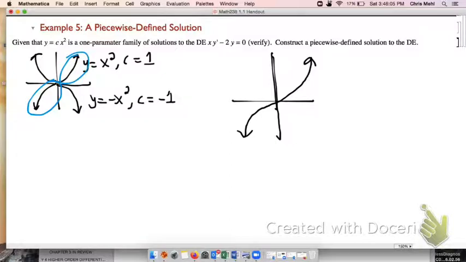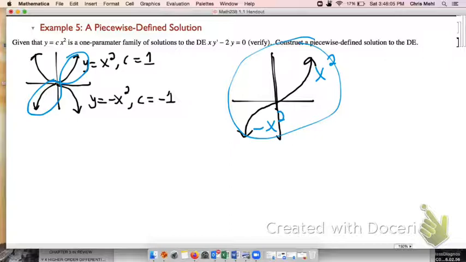I could take these two pieces and glue them together to get this solution curve, or integral curve, which is what I'm going to do. That's going to give me my piecewise defined solution to the DE: x squared on that part and minus x squared on that part.